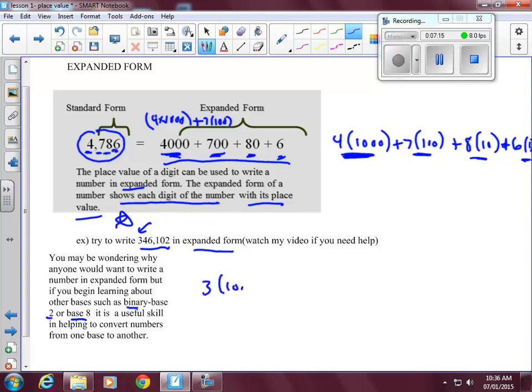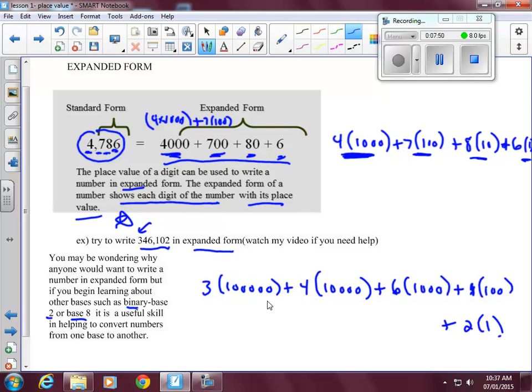So 3 times 100,000 plus, and this is really good practice with the place value chart, plus 4 times 10,000 plus what? 6 times 1,000 plus 1 times 100, and then 0, if you're adding 0, that's not really going to affect it. So plus 2 times 1. 2's in the unit spot.